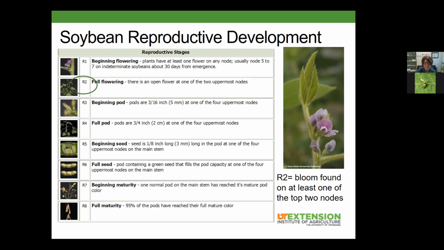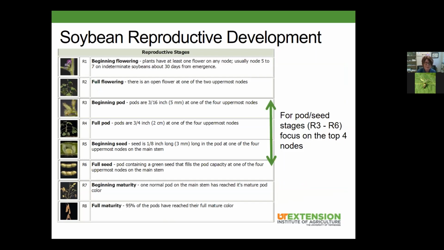And when we see blooms at the top, then we start looking for pods, which is a really important time for us in soybeans. So with soybeans, if you have a full season bean, let's just say planted in early May, it can take 5 to sometimes 5.5 months for that crop to go through all of the vegetative and reproductive stages.